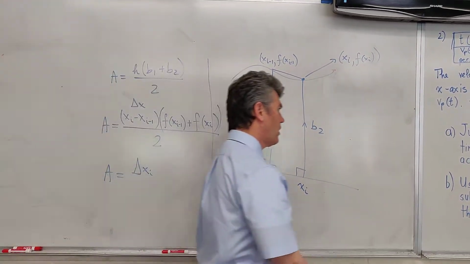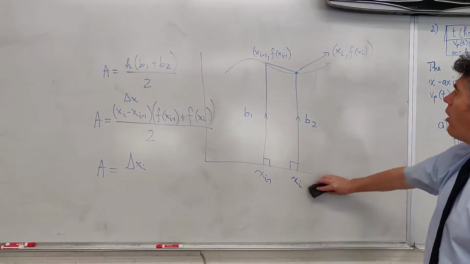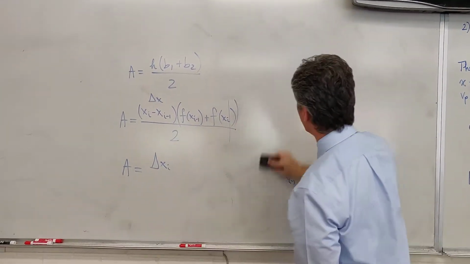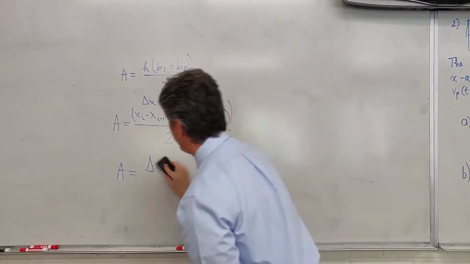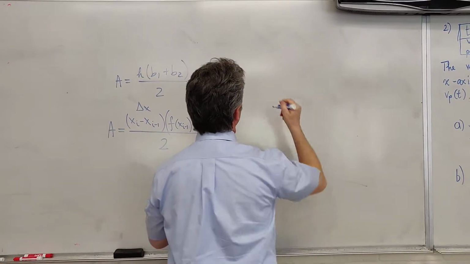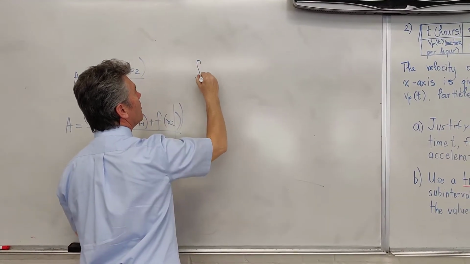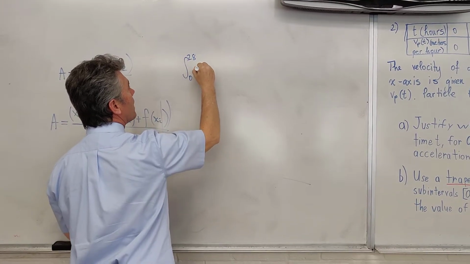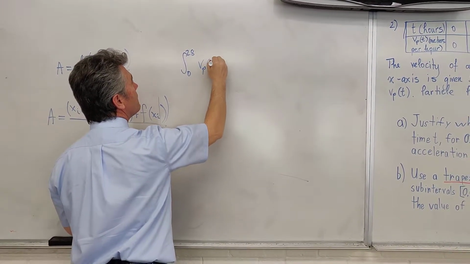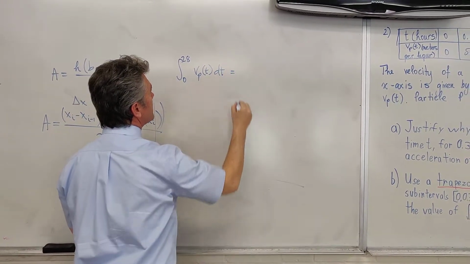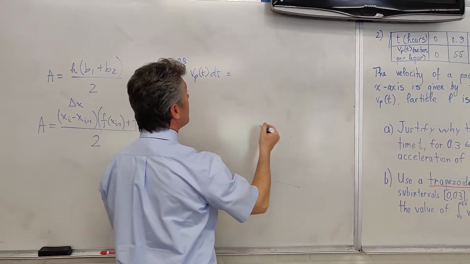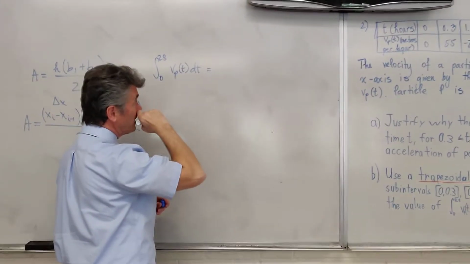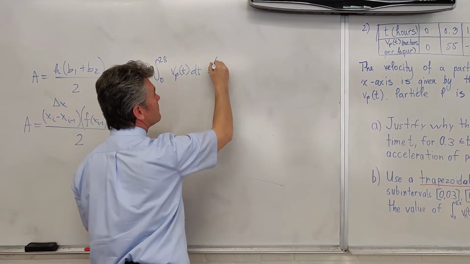Let's erase all of this information, not quite all of it. We will need the formula, so we will keep the formula. And so we have the integral from 0 to 2.8 of v sub p of t dt is equal to, what is it equal to? Well, we're going to use the trapezoidal approximation.